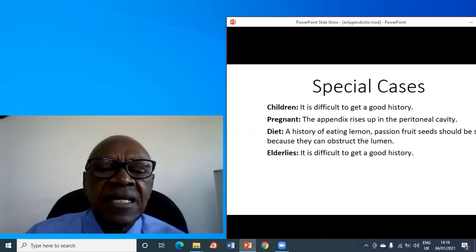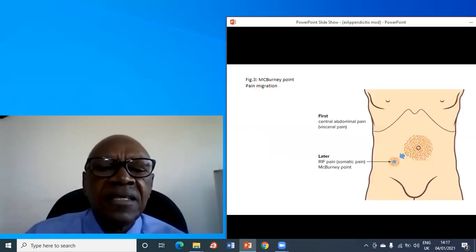Elderly: it is difficult to get a good history because of loss of memory and dementia. Slide 3 shows McBurney's point with the migratory pain.